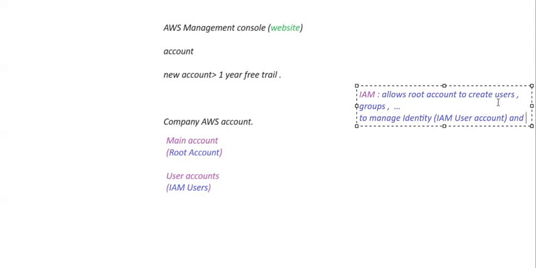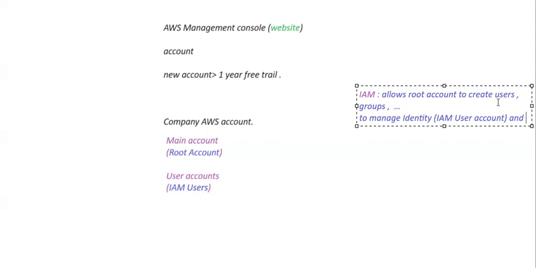Now to access the resources, whenever a user logs into an AWS account, why does he need to log in? The company needs some work, right? Let's say they need some servers. They need an architect to launch some servers and provide those servers. To create and launch the servers, what is the service that a user needs to access? EC2, right?